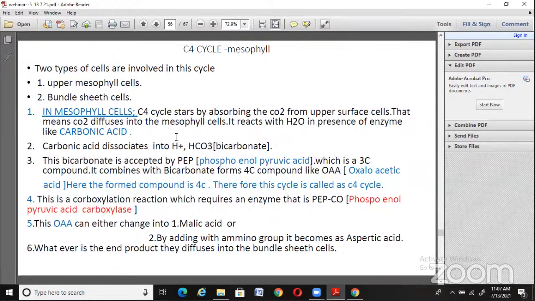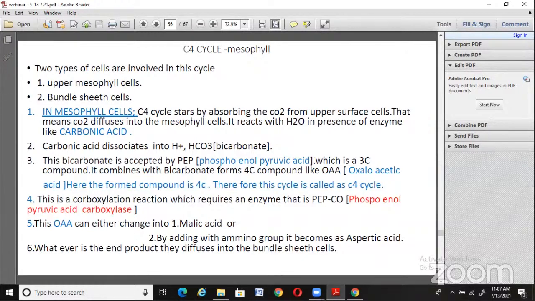The first change during the C4 cycle in mesophyll cells is the absorption of carbon dioxide from the atmosphere into the mesophyll cells.